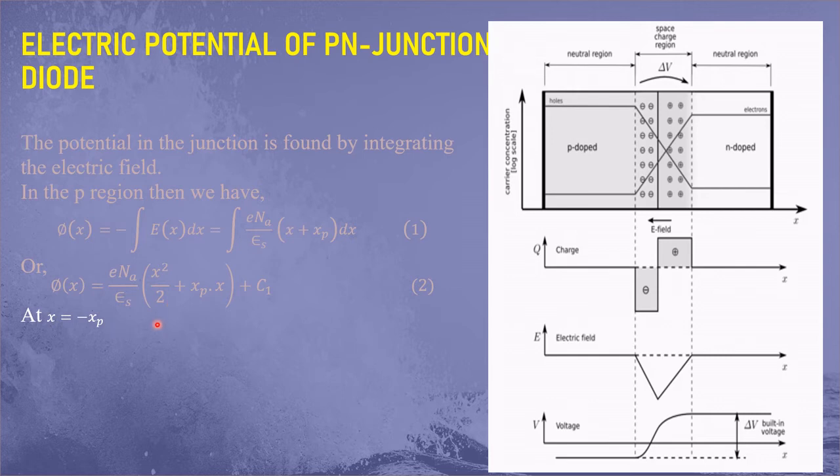From this condition, we can get the integration constant C1 value. That is, C1 equal to q N_A divided by 2 epsilon_s times x_p square, because at x equal to minus x_p the potential is 0. So from equation 2, we get the integration constant value, which is equal to q N_A divided by 2 epsilon_s times x_p square.